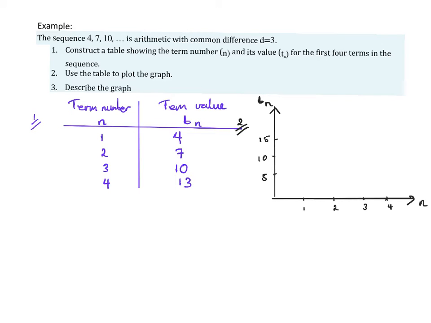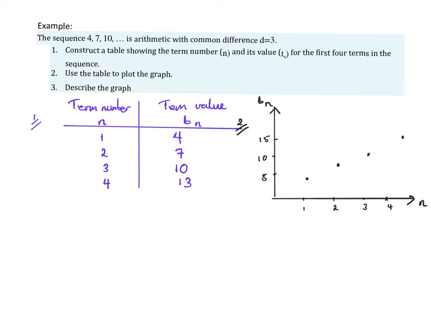So I've decided to go up to 15, and I've gone up in 5s. Obviously a smaller scale is going to be better there, but let's see if we can plot those points now. So 1 and 4 would be there. 2 and 7 would be around about there. 3 and 10. Of course, if you had some graph paper, it would graph much nicer for you. And 4 and 13 would be around about there.